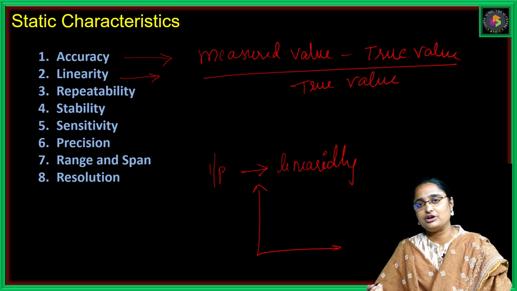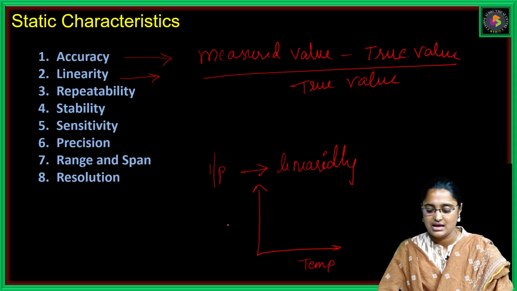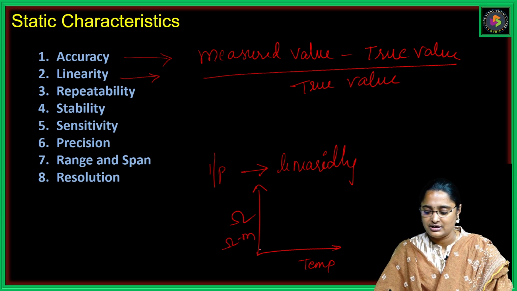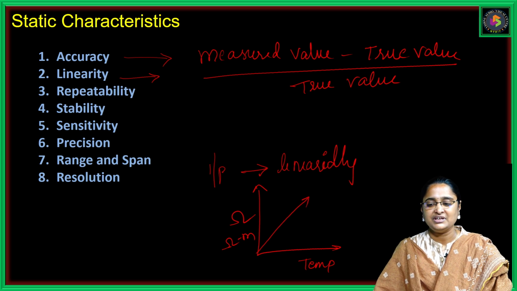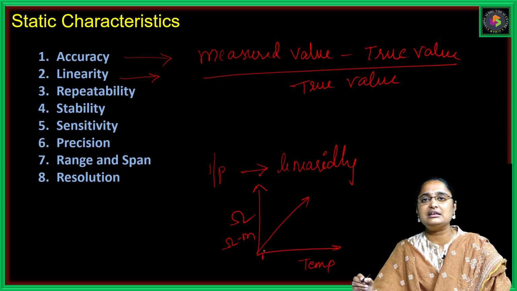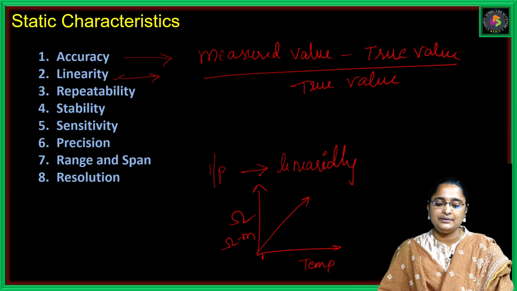We will plot a graph for the RTD between temperature and resistance, or resistance per meter, it can be a resistivity. When you draw it, you'll have a linear scale. That is, for every degree change in the input, you'll have a linearly changing output. So this is known as your linearity.